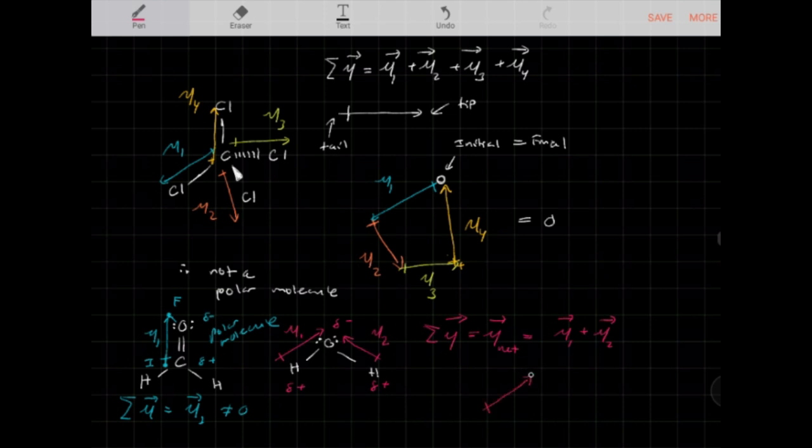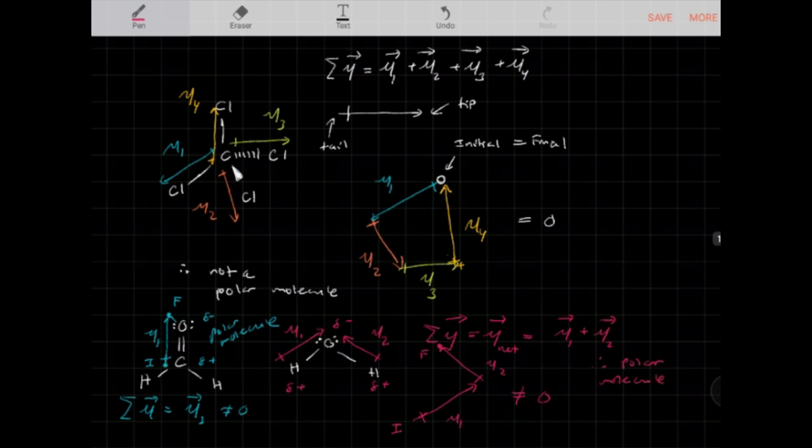So you're adding mu1, which looks like that, to mu2, which looks like that. Let's move this out here so you can see it better. This is mu1, and then this is mu2. This is where you started, but this is where you ended off. So this is not a polygon. It doesn't equal 0, so this also tells us that this is a polar molecule.